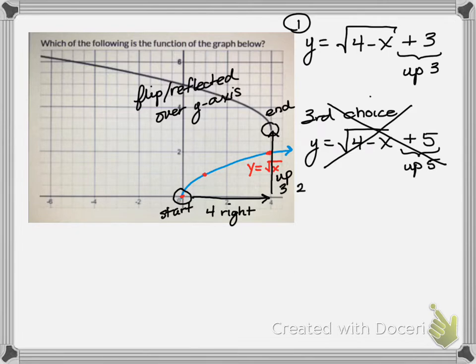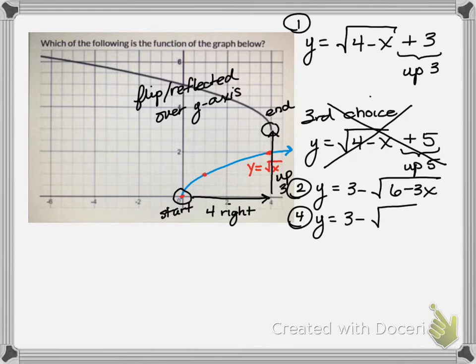The second choice was y equals 3 minus the square root of 6 minus 3x. And the fourth choice was y equals 3 minus the square root of 4 minus x.